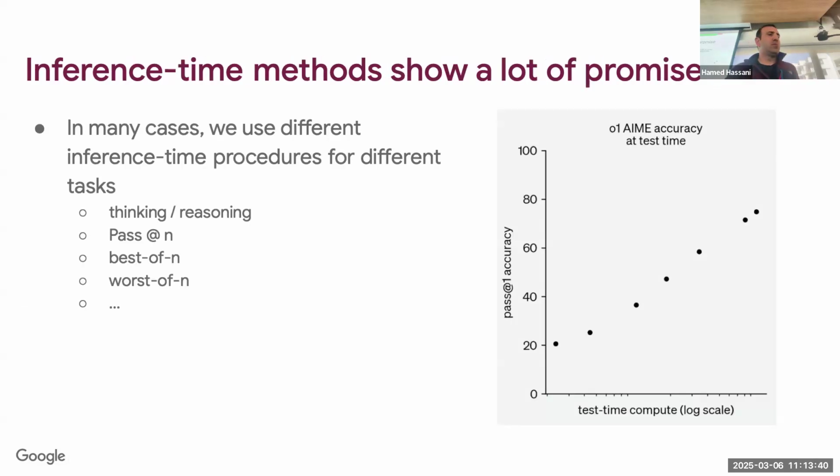I'm not able to replicate this plot because when they say test-time compute, it's not clear what they mean. For example, in the S1 paper, you limit your language model to generate fewer tokens, so it's obvious that you get a bad result. This plot is not replicable because they didn't disclose how they got it.